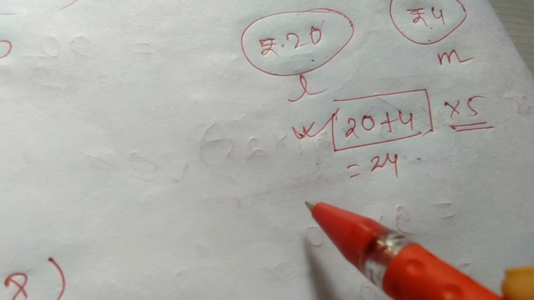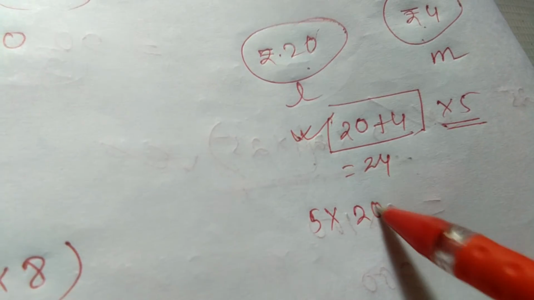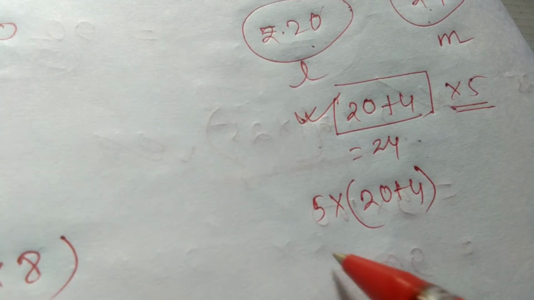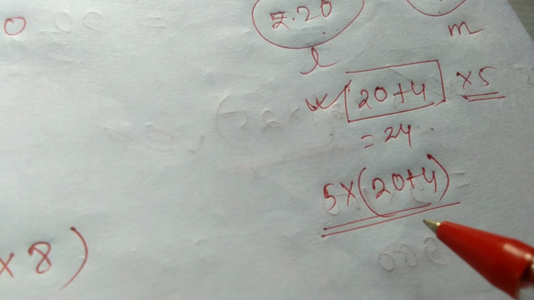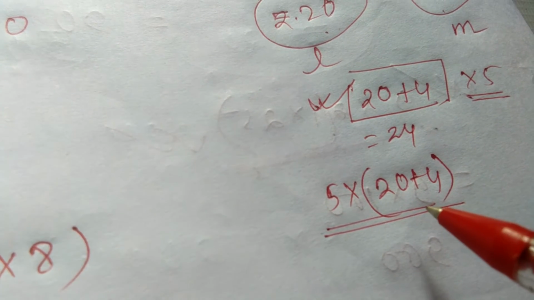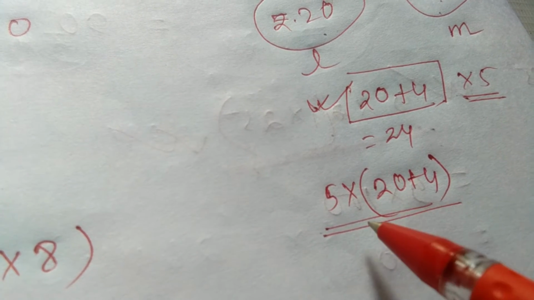So simply we can write this calculation like that, 5 into 20 plus 4. That looks exactly like the examples related to distributivity of multiplication over addition.